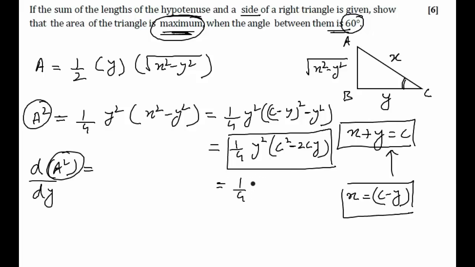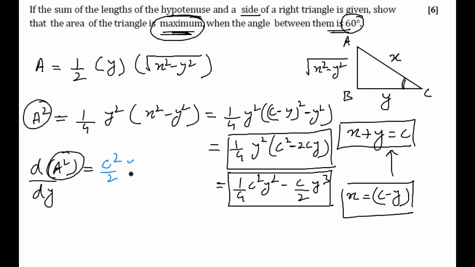So 1/4 of c square y square minus c by 2 into y cube, right? Let this be A square. So this on differentiation will give us c square upon 2 into y minus 3c by 2 into y square.